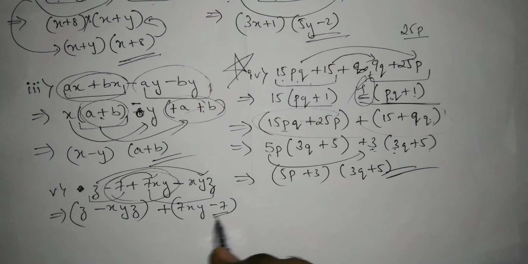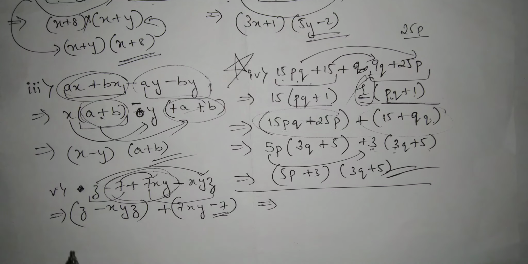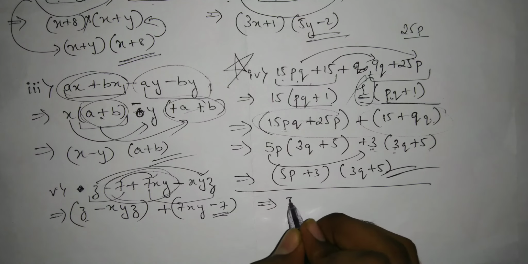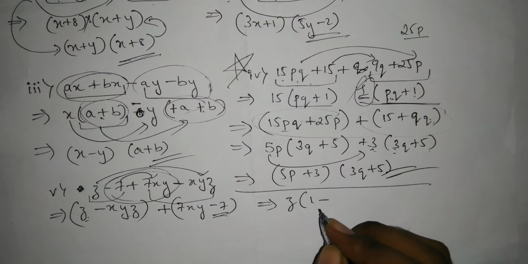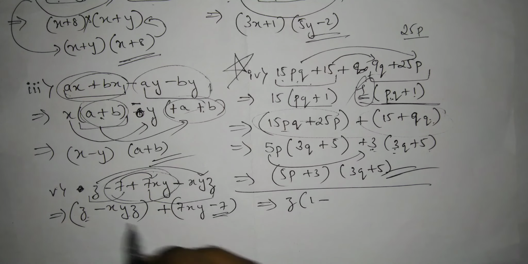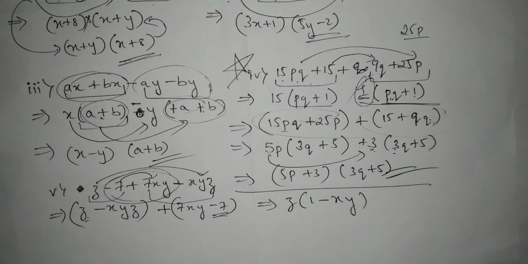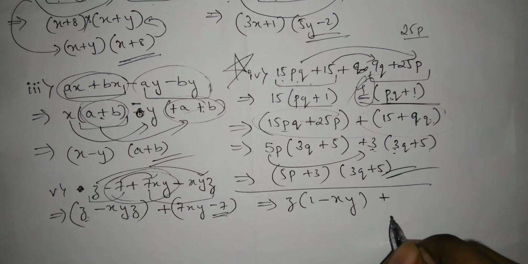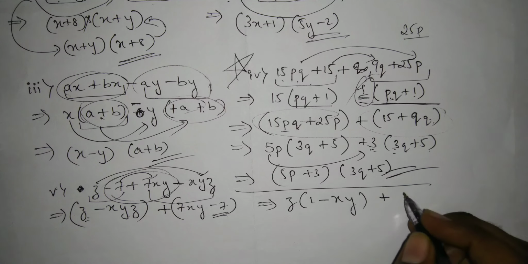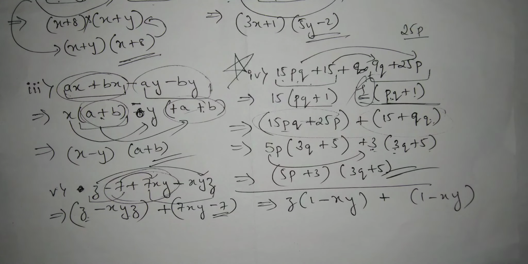You should be careful with the sign. Now from here what can I take common? xz I can take common. What will be remaining? 1 minus xy, correct? So here I should get 1 minus xy.